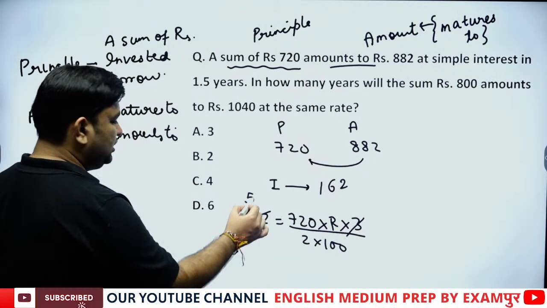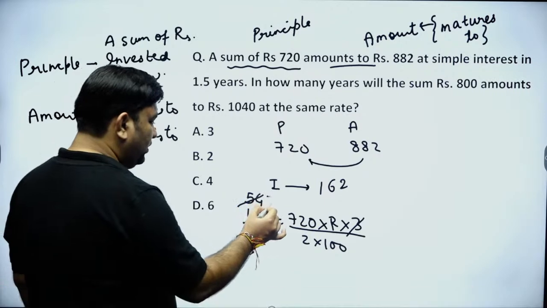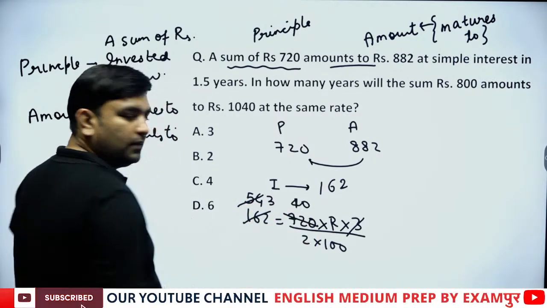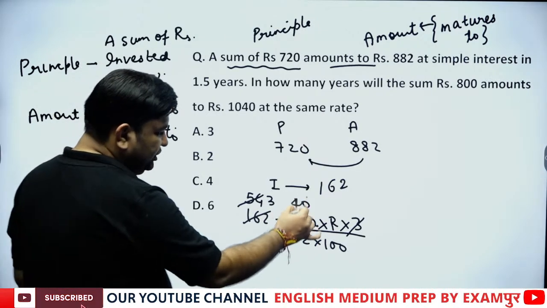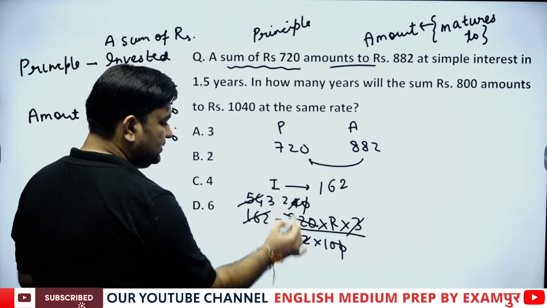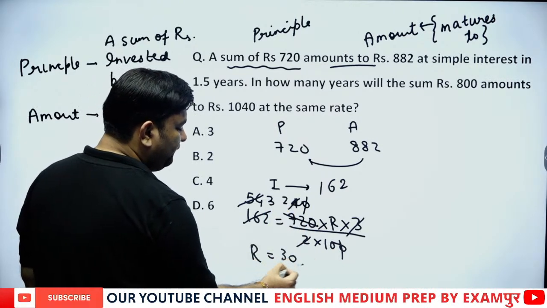Then 3 4s are 12. 3 18s are 54. 4 18s are 72. 0 is gone. This is gone 2 times. So rate is 30 by 2, 15%.